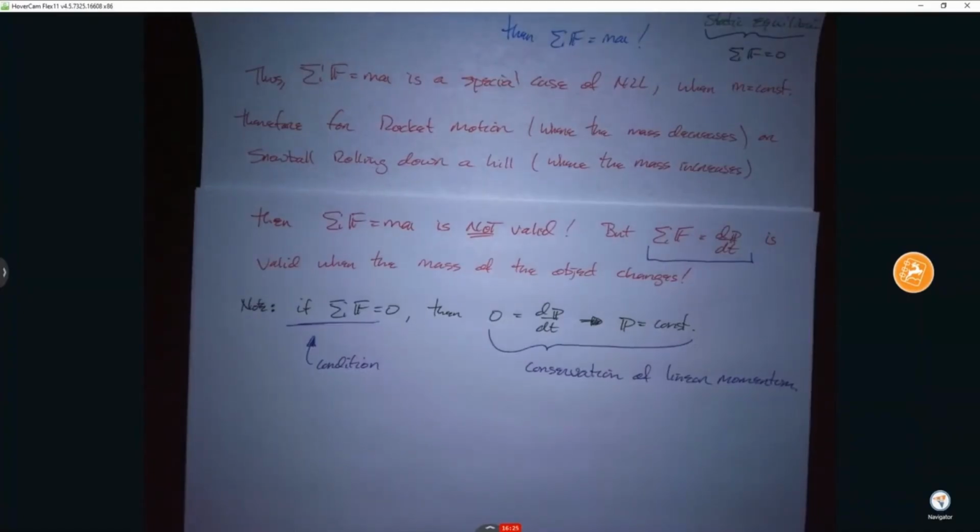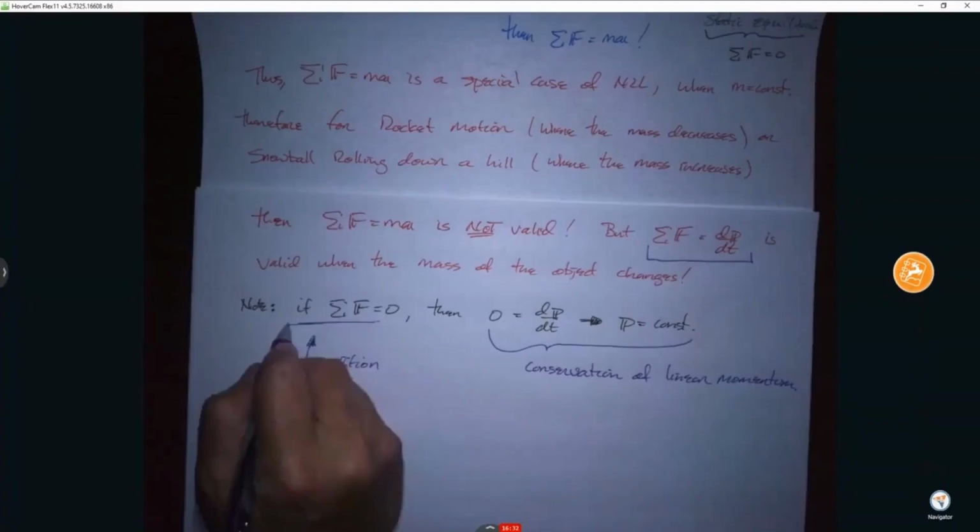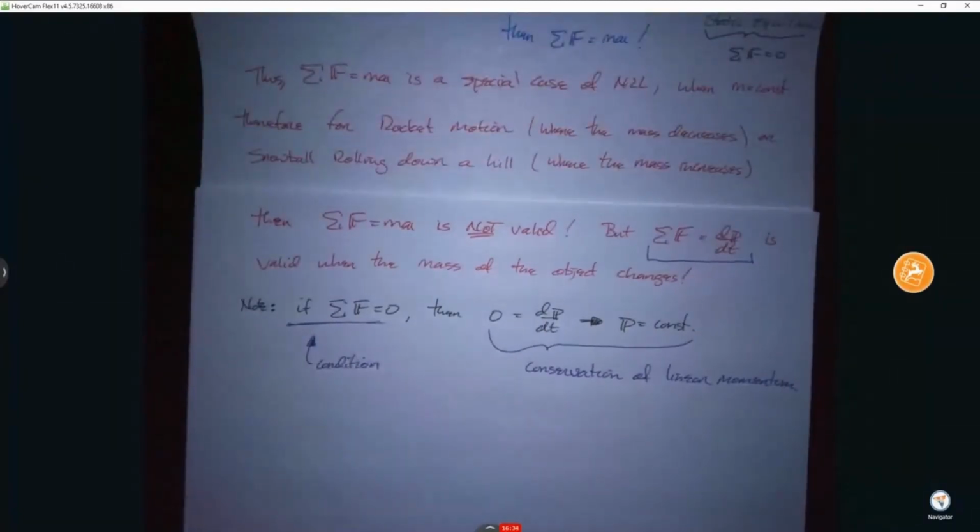So it's a conditional conservation principle, just like mechanical energy was a conditional principle as well. The way I always presented it was that if the non-conservative forces didn't do any work, then the mechanical energy will be conserved. The way the book did it was a little more convoluted, but it gets you to the same place.